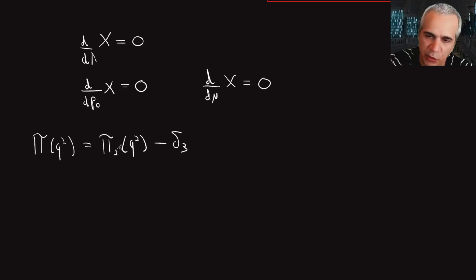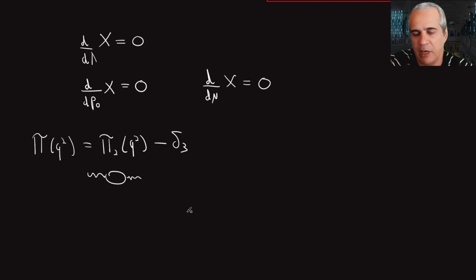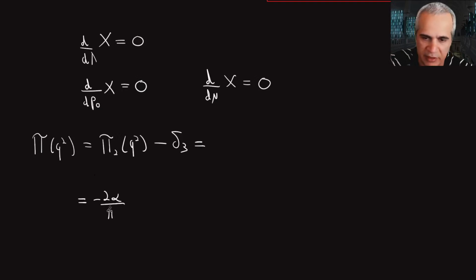And pi 2 here means just the loop contribution, just that vacuum polarization diagram. And delta 3 is the counter term. And for dimensional regularization, this turned out to be given by this expression. And that's before we choose a renormalization scheme, so we have some freedom to choose now.